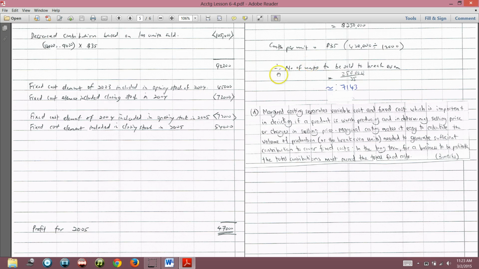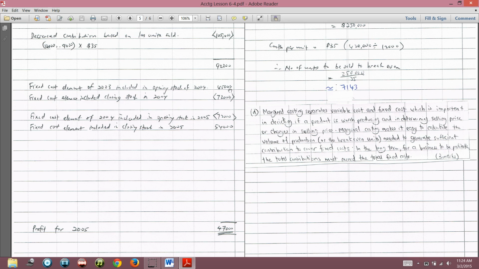So now I'm explaining to my boss like this, right? One of the reasons why the profit for 2005 is so low is because the fixed cost of 2003 is included in the opening stock for 2004.